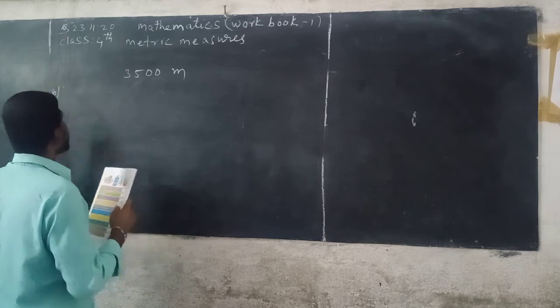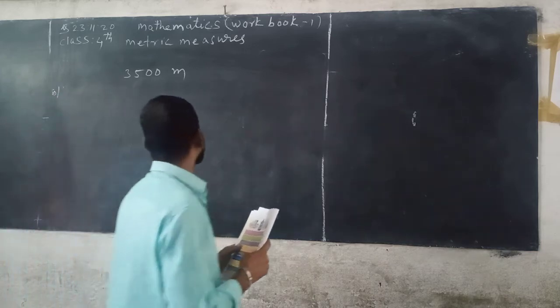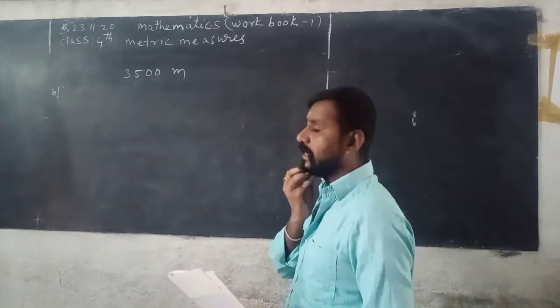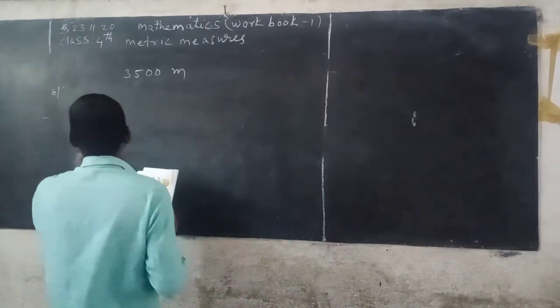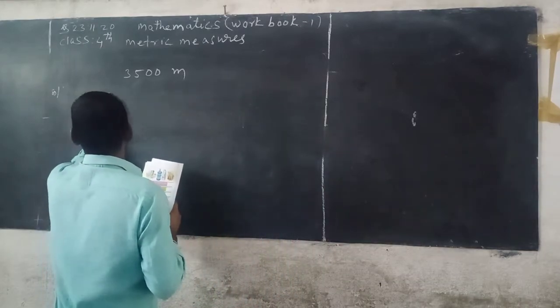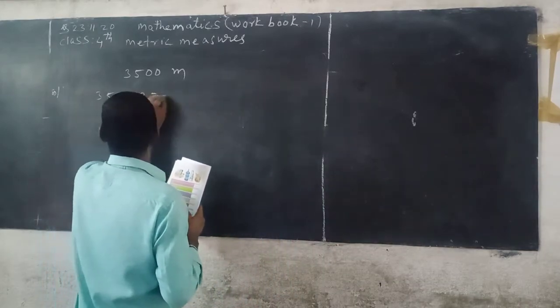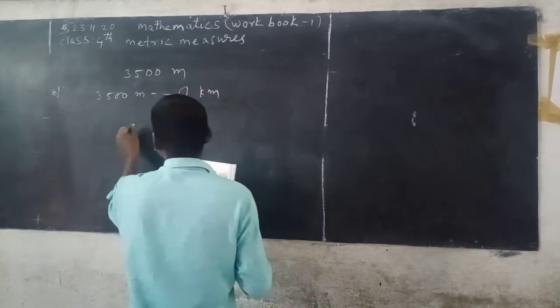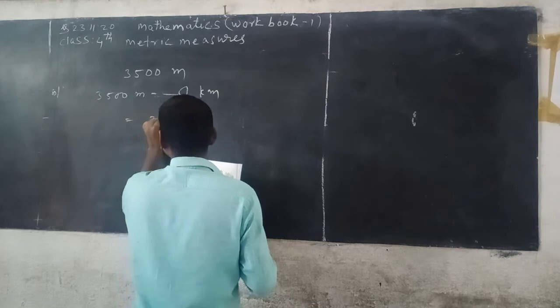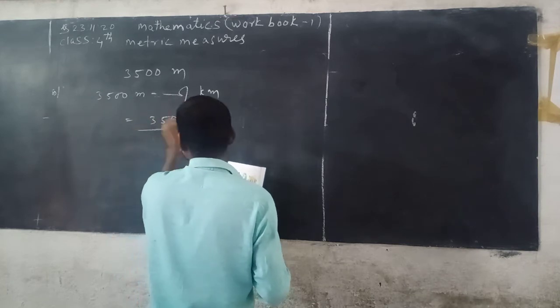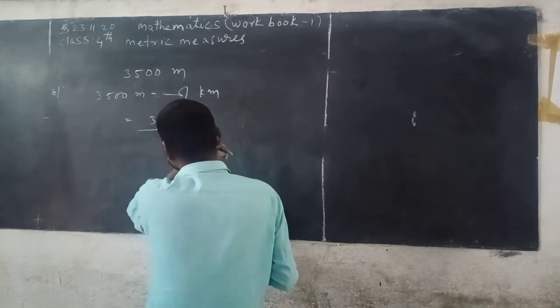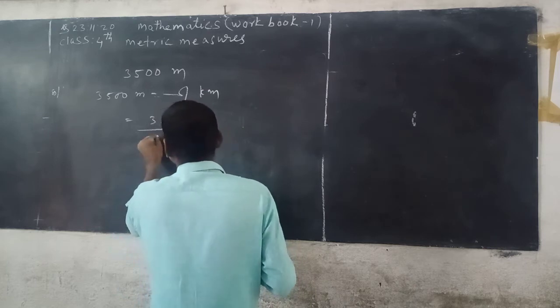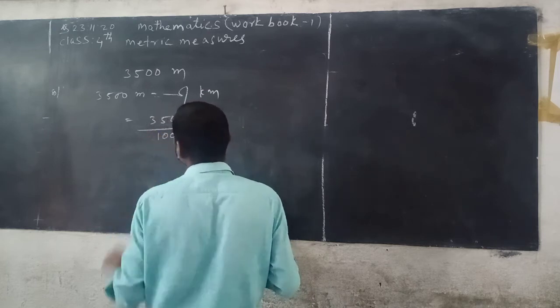See here, meter is converted into kilometer. We have to take division. See here, 3,500 meters is equal to how many kilometers? Then you can write here 3,500 divided by 1,000.